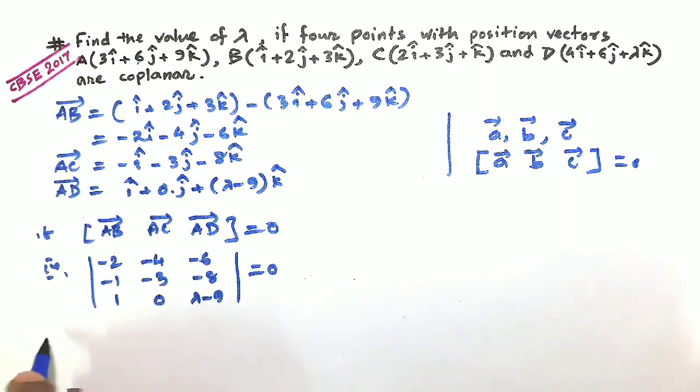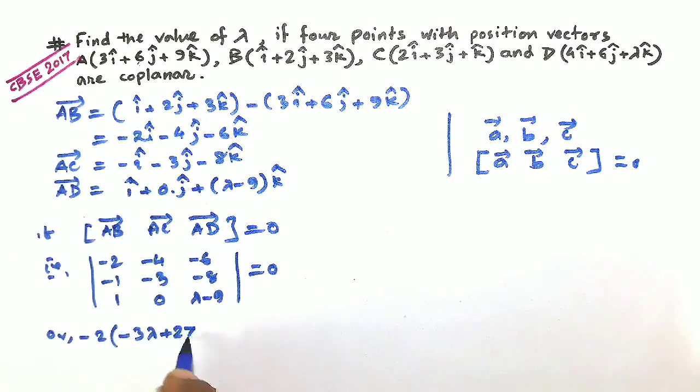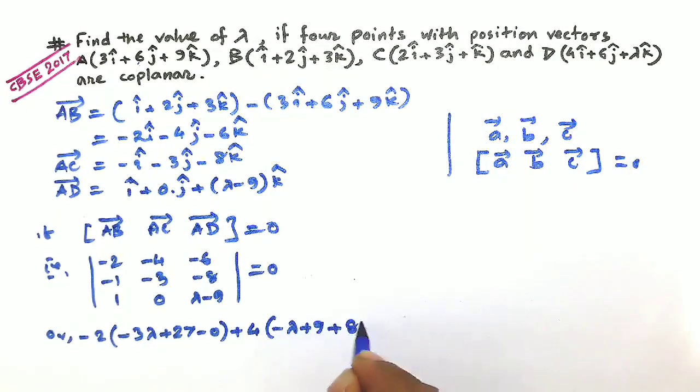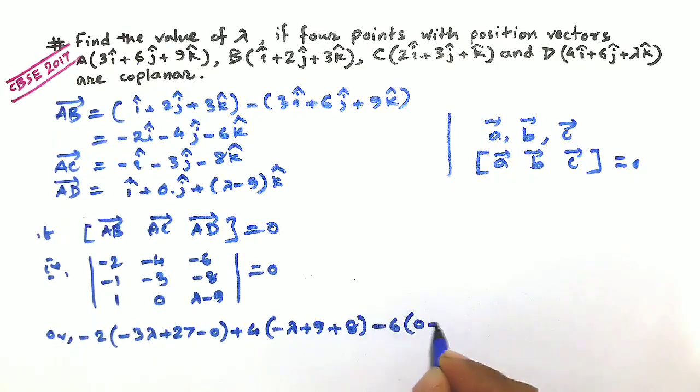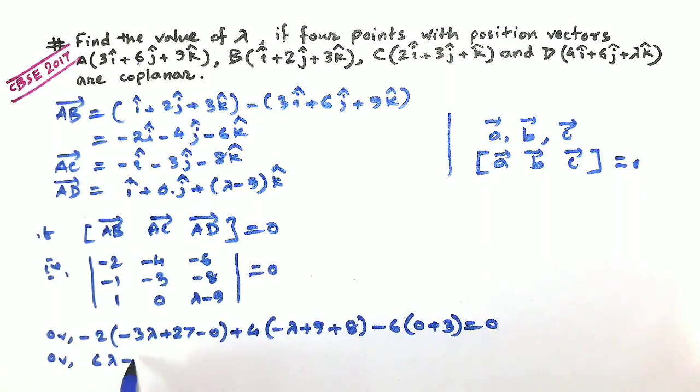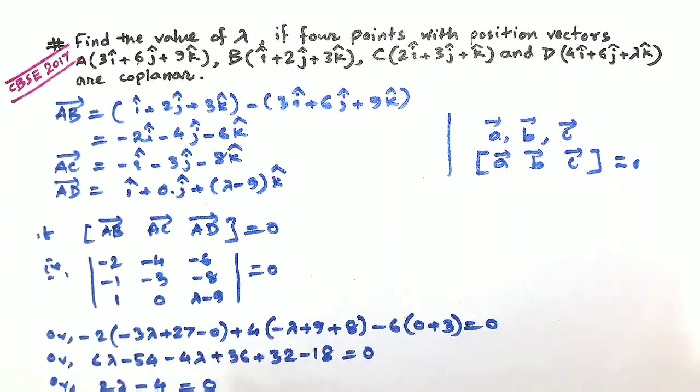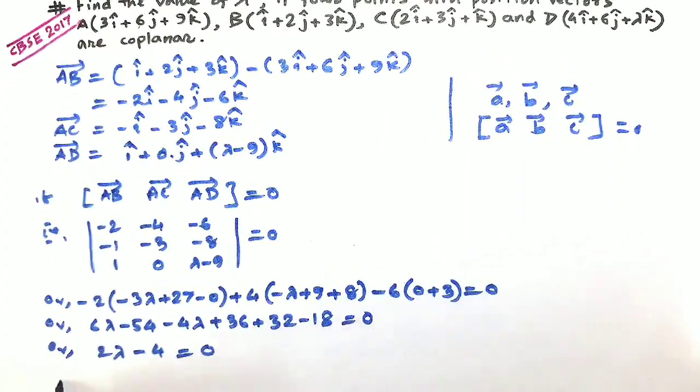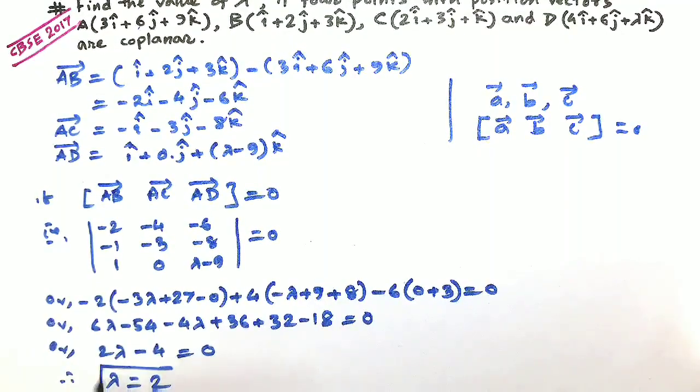So from this determinant we get minus 2 times (minus 3 lambda plus 27) minus 0 plus 4 times (minus lambda plus 9 plus 8) minus 6 times (0 plus 3) is equal to 0, or 6 lambda minus 54 minus 4 lambda plus 36 plus 32 minus 18 is equal to 0, or 2 lambda minus 4 is equal to 0. So finally we get lambda is equal to 2, hence the result.